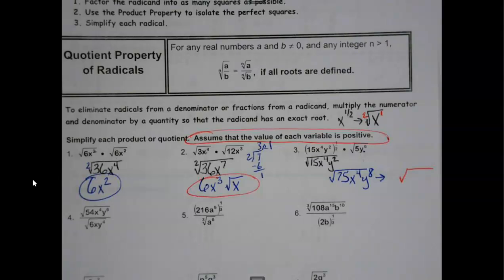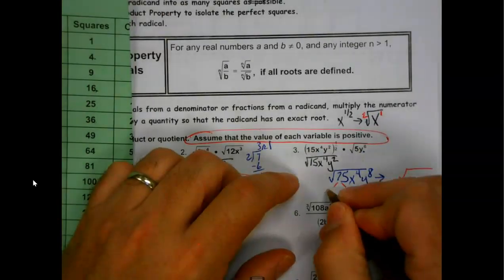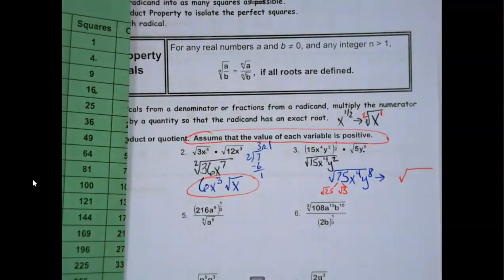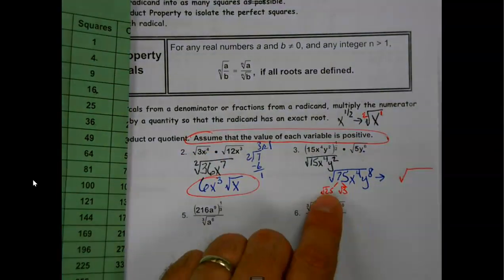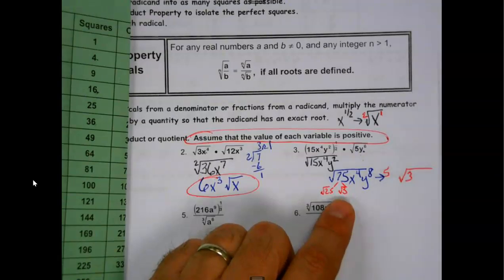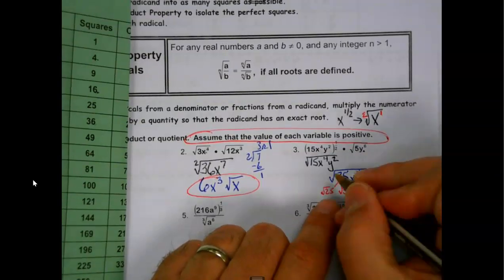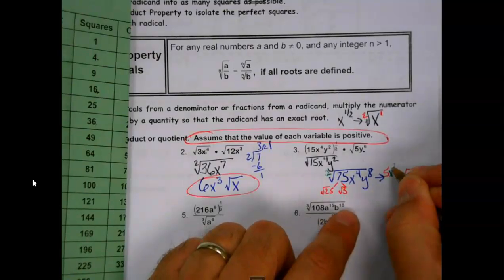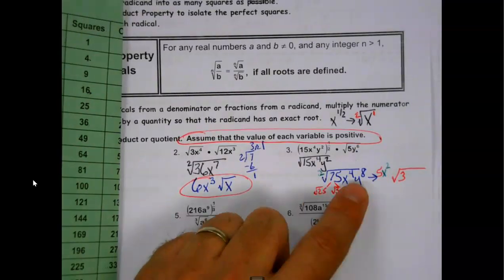So I look, 75 is not a perfect square. What goes into 75 that's a perfect square? 25. So we got 25 and we got 3. So they still got to multiply to 75. Square root of 25 is 5. I left myself nowhere near enough room here. The 3 stays under. 2 goes into 4 twice. 2 goes into 8 4 times.